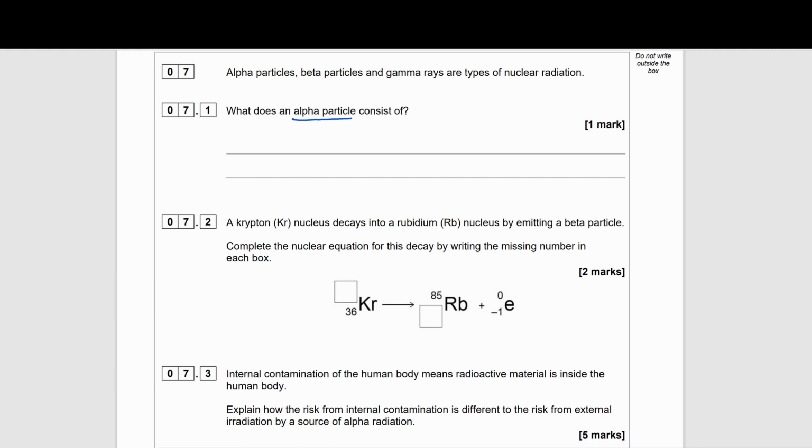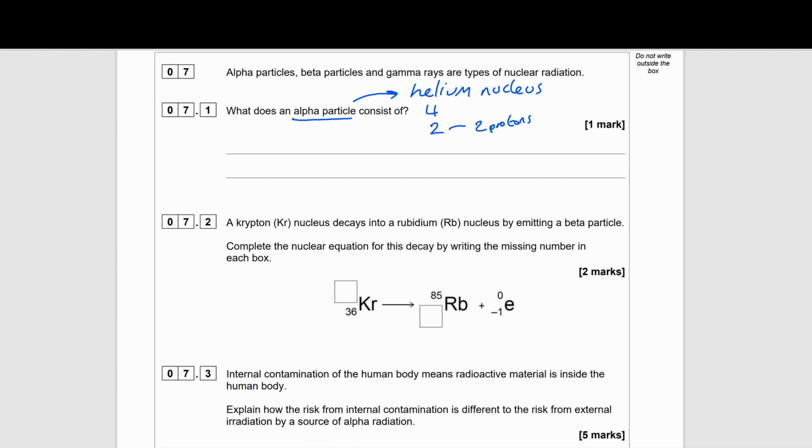So, our alpha particle is also known as a helium nucleus. If we use our periodic table or our knowledge of helium, we are able to recall that helium has a mass number of 4 and atomic number of 2. So if it has an atomic number of 2, that tells us that it has 2 protons.